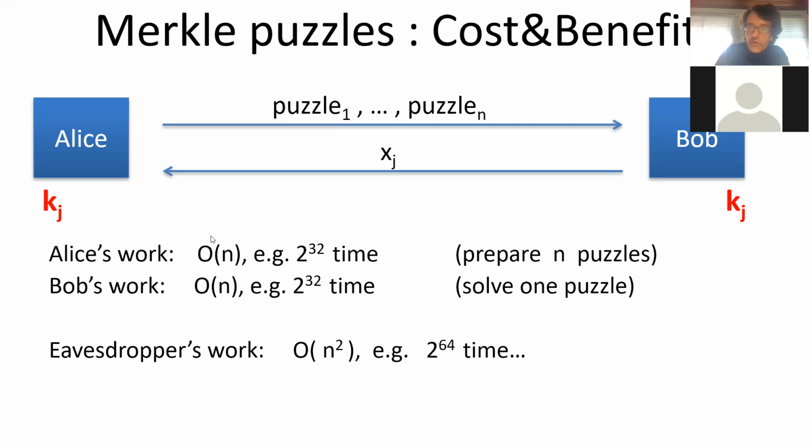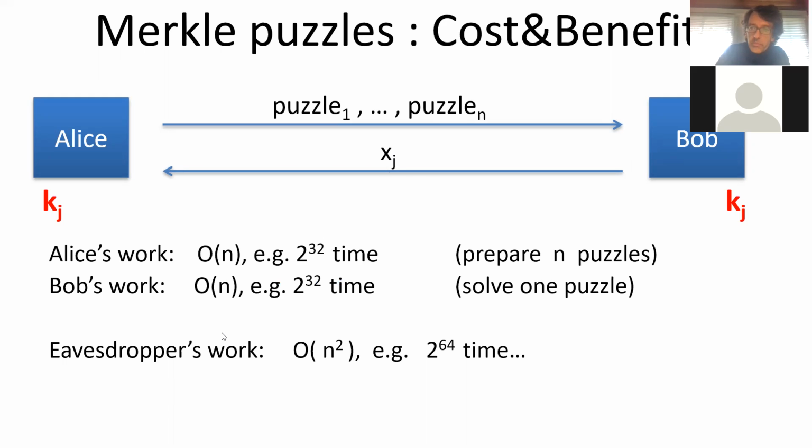So first of all, how much work did Alice do? She created 2 to the 32 of these puzzles. N is 2 to the 32. To create one, it's easy. It's a single block cipher, or 3 in the implementation before, right? So it takes this much time. How much did Bob work? He solved one of these, so it took him this much time, but he solved only one, randomly chosen.